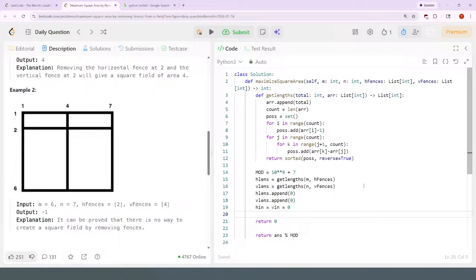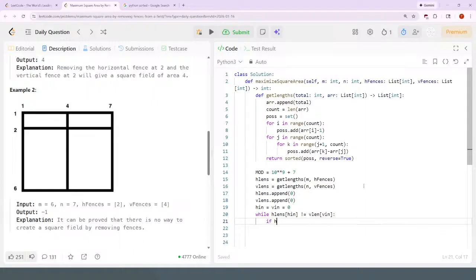And then I'll say while h lengths at the h index is not equal to v lengths at the v index, then iterate, increase the index for one of them.